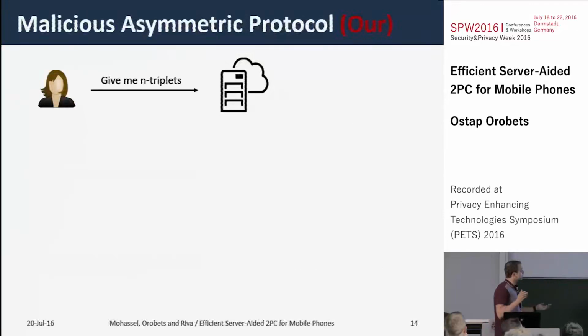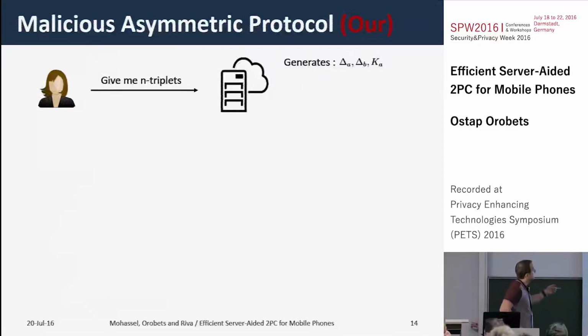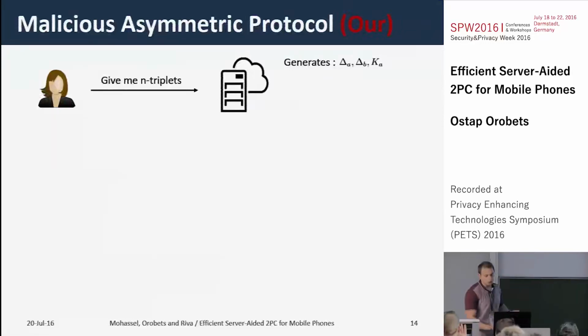Again, Alice comes to the token server and says, give me those triplets with all the bases and tags for Bob's triplets. The server generates a delta key for Alice's triplets, a delta key for Bob's triplets, and an additional key.